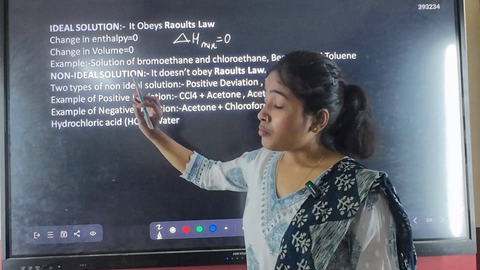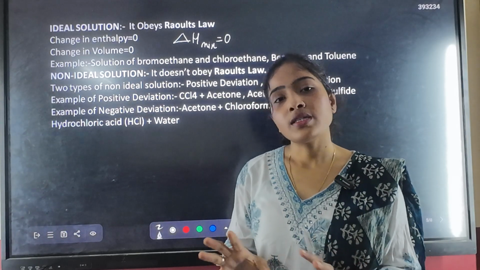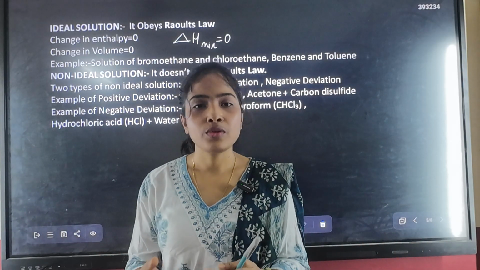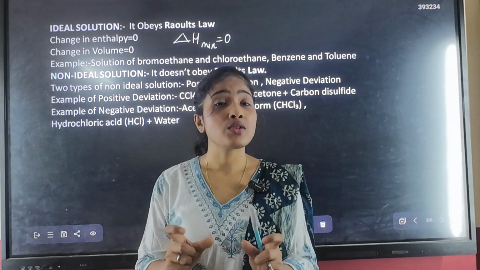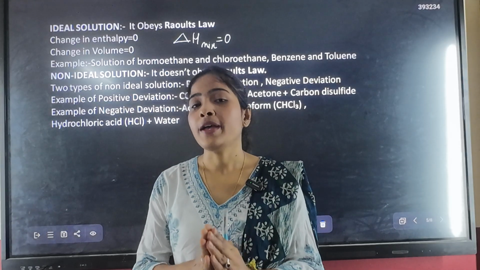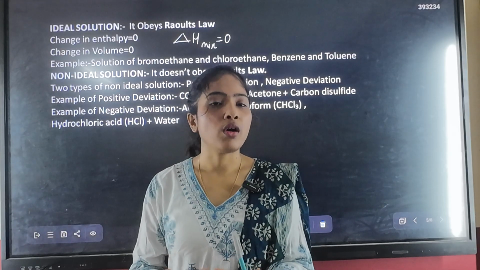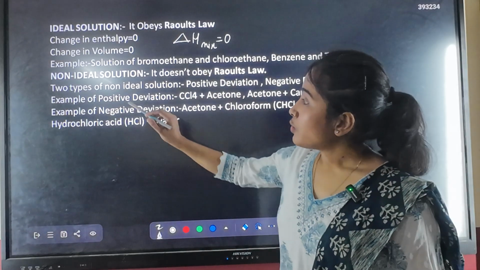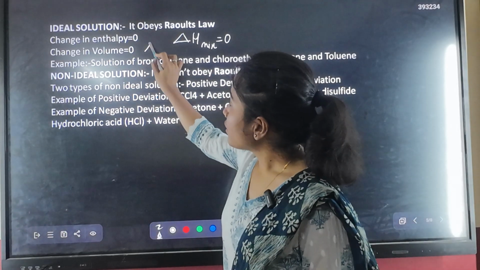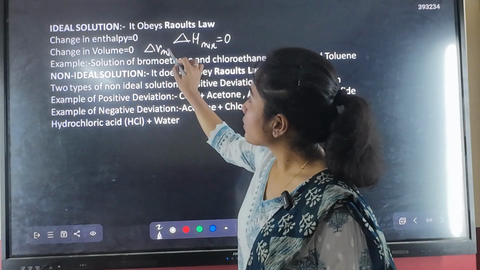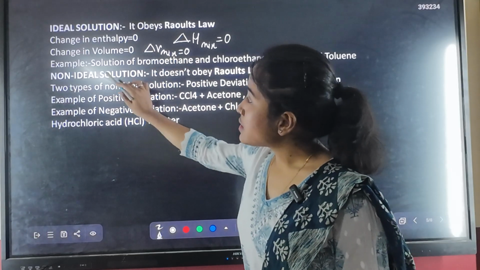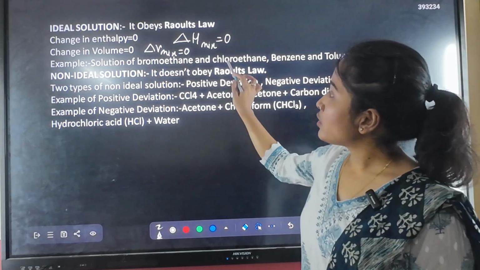And change in volume: there is no change in volume since the intermolecular attractions are almost the same and the structure is almost the same. That is why the volume will not vary, it will always be equal. So that is why delta V comes to be 0. Here we will see examples of bromoethane and chloroethane.